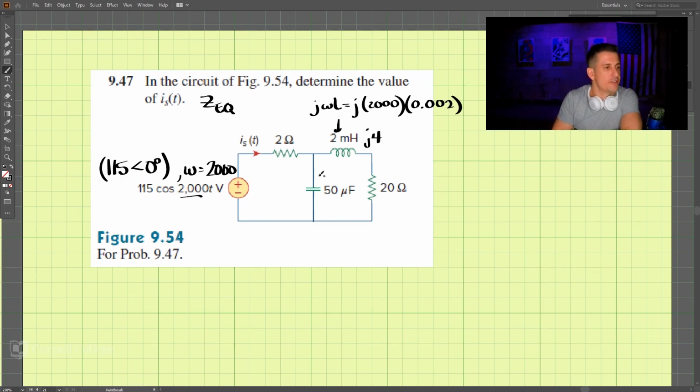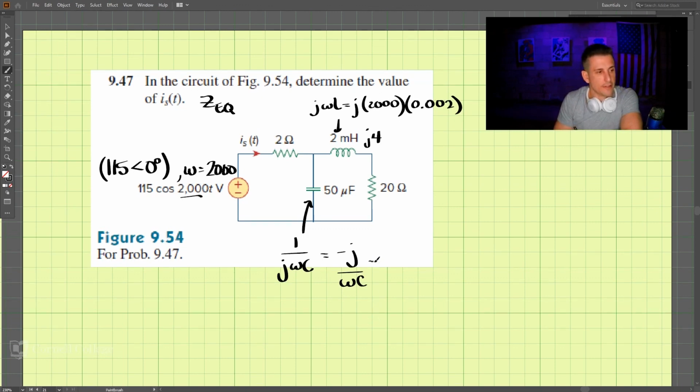And then we have our resistor, and then we have our capacitance, which is 1 over J omega C, which is also equal to negative J divided by omega C as well.